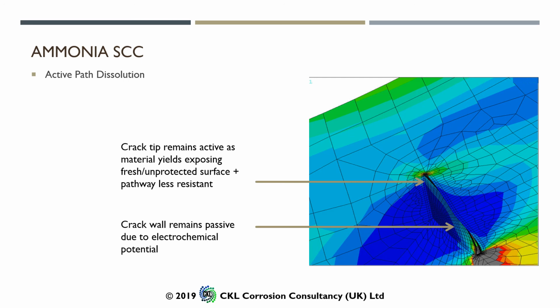That's due to the electrochemical potential that the material has adopted. So again, we've got this cathodic surface area, which includes the crack walls and the surrounding base material, and then we've got a very concentrated tip of anodic corrosion current, which is corroding the tip only, which is helping to drive the crack and propagate the crack along that corrosion line, if you like.